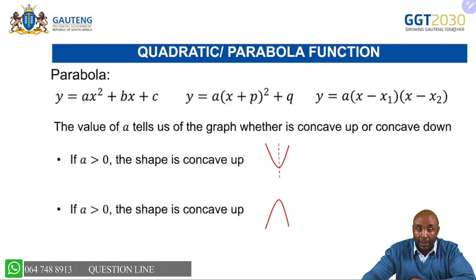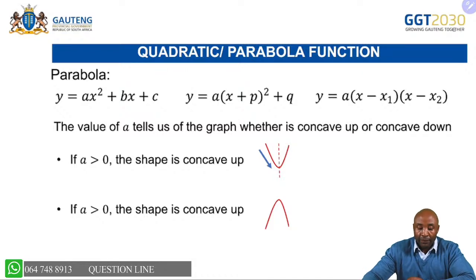I know at some stage we're using smiley or sad, but for our purposes, because we need to use the correct mathematical language as we move along, I will use concave up. It will also assist us when we do topics like calculus that we are going to do next.